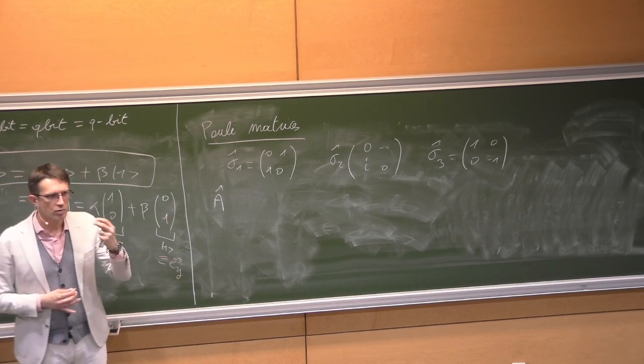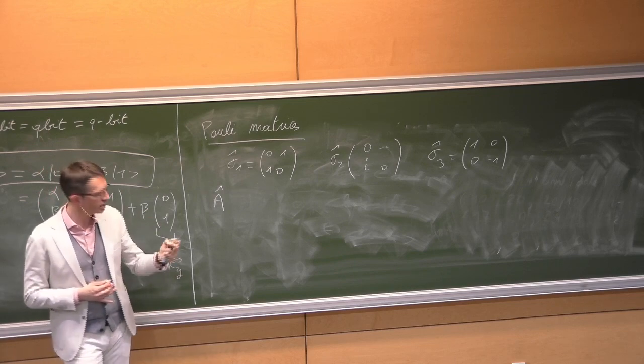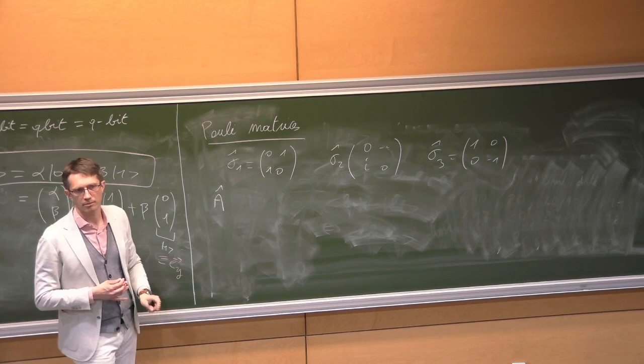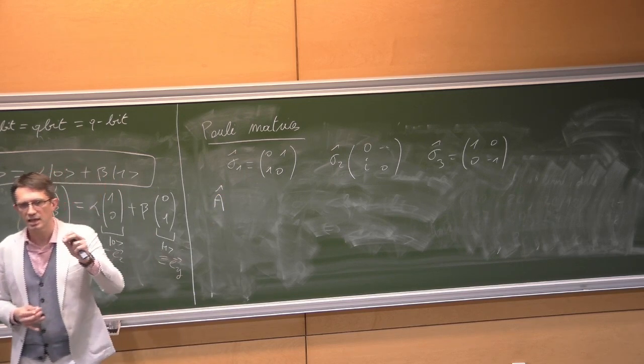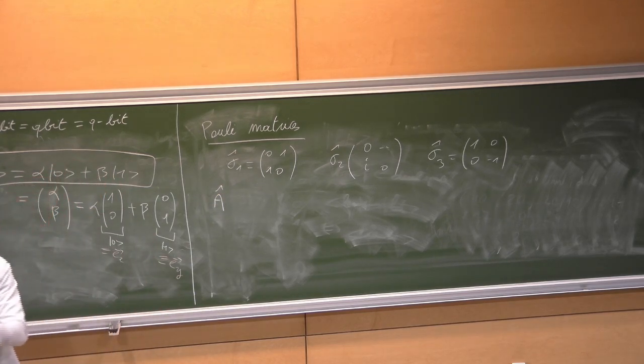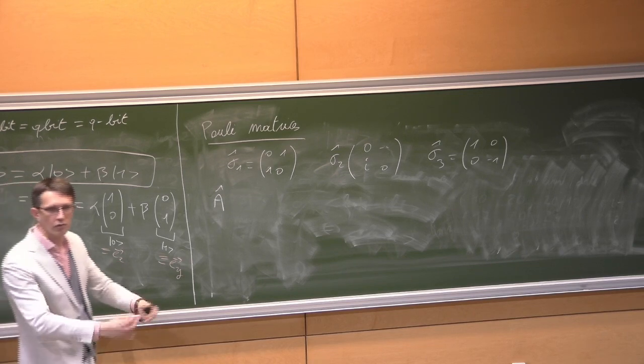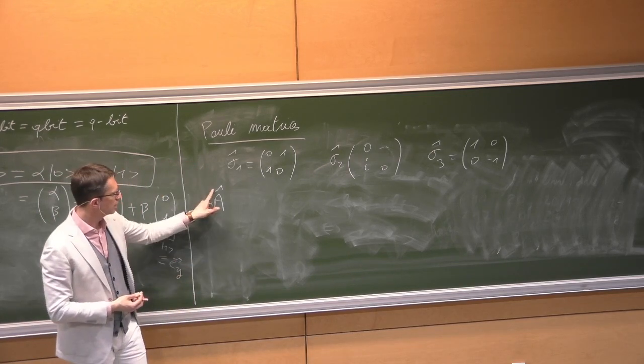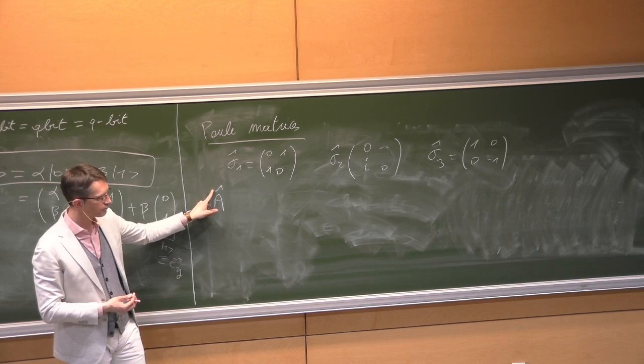And because we want to give a physical meaning to it, in quantum mechanics we put a hat on top to say that this is a physical operator, which means that in practice you use a device to transform your photons or your electron spin into something else. So that's the first thing.